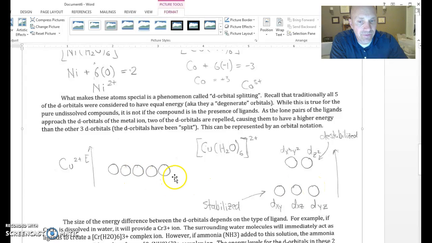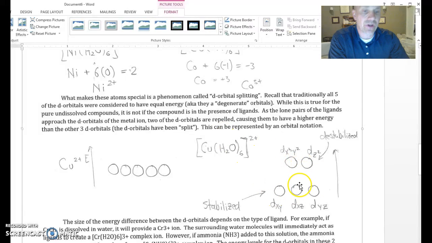Whereas before all of the orbitals were considered to have the exact same amount of energy, when you have ligands coordinated to that metal, 3 of the d orbitals are at a slightly lower energy level and 2 of them are at a slightly higher energy level compared to the energy level if they were all the same. Notice that when it's not coordinated, the energy of all 5 is somewhere between the energy of these guys right here.